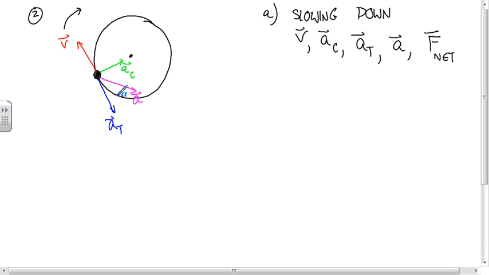We know it's in the same direction as the acceleration because of Newton's second law. So this always is in the same direction as the acceleration vector. That's from Newton's second law.